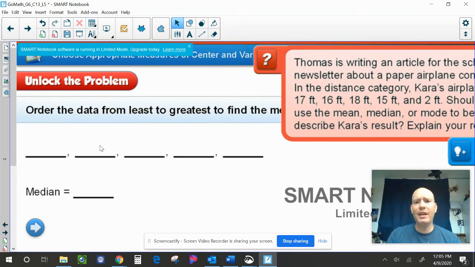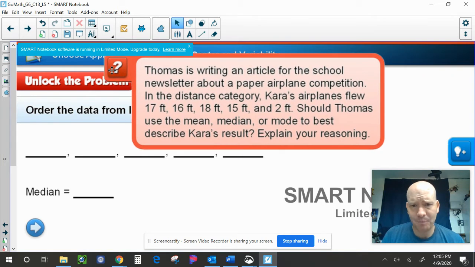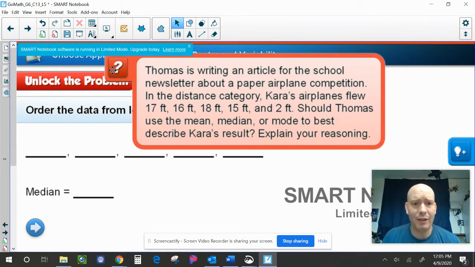Now we need to decide which one of these is closest to the middle of the data. Which one would make more sense to describe the data?